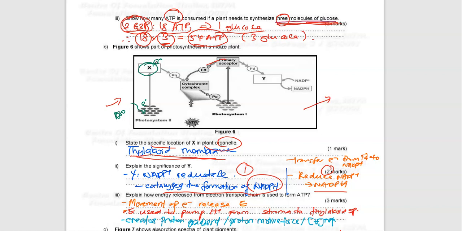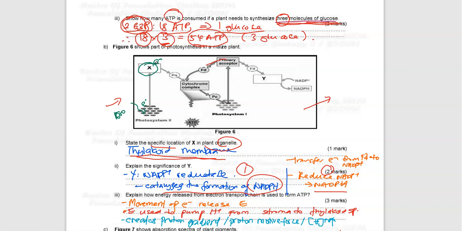So the electron will be transferred along the electron transport chain from plastoquinone to cytochrome complex to PC. So bila tengok gambar ni, dia makin menurun. Sebab apa? Electron yang travel from one carrier to another carrier will release energy. So this energy is basically used to synthesize ATP using chemiosmosis.